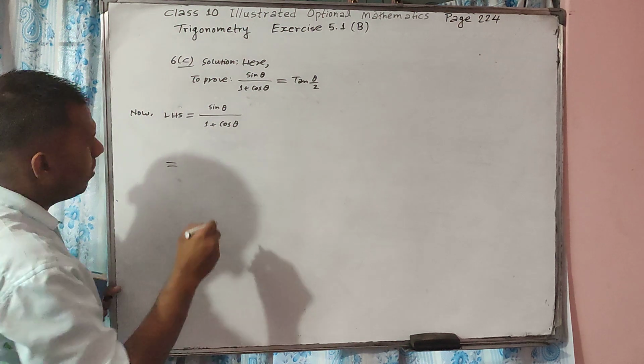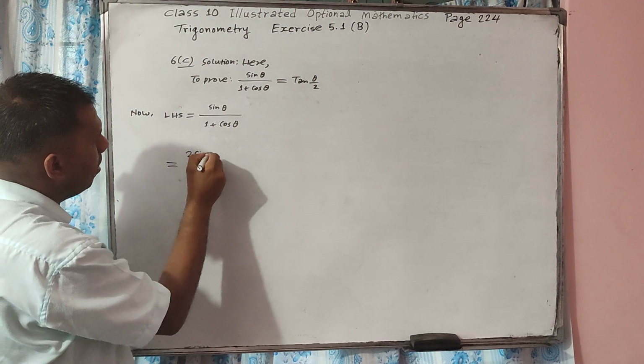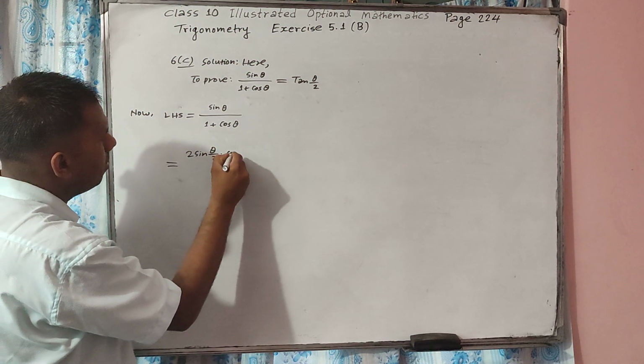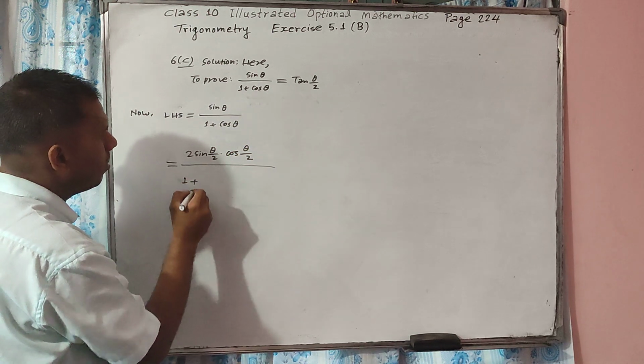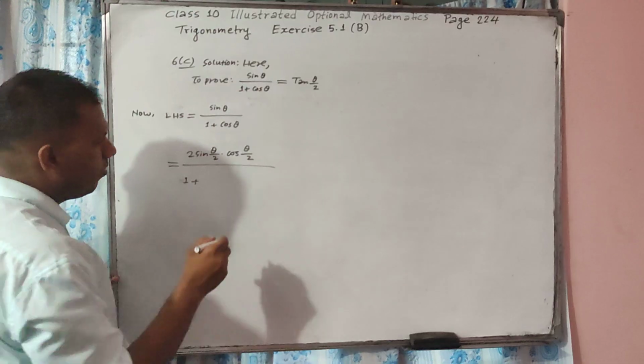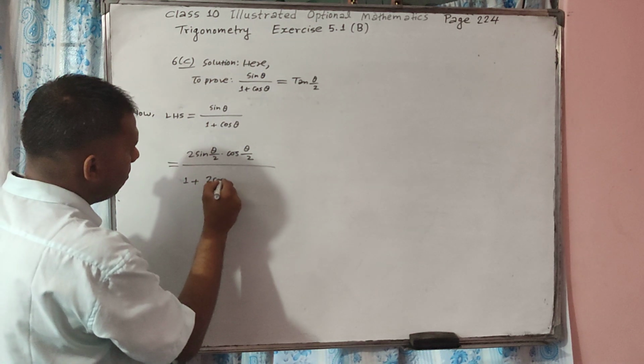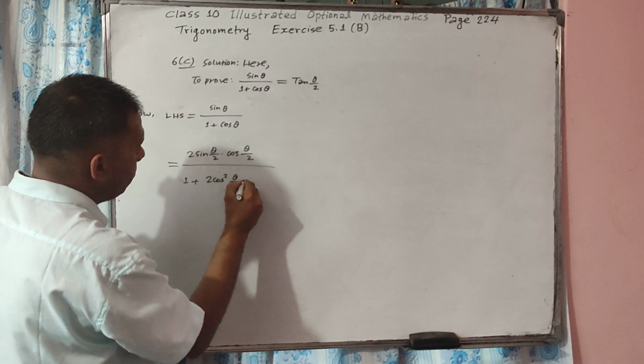Sin theta in half angle form is 2 sin theta/2 dot cos theta/2, whole upon 1 plus cos theta in half angle form, 2 cos square theta/2 minus 1.